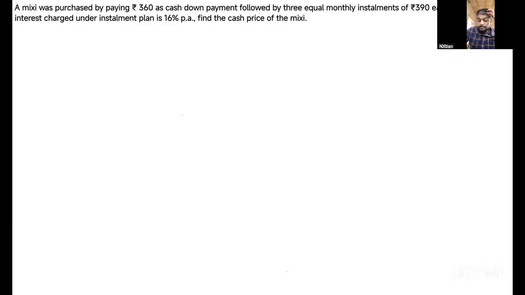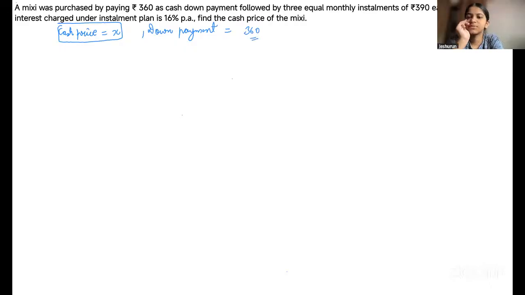Jashron, what is the first step? Down payment is rupees 360. Yeah. So first, cash price is X. Yes. And then down payment, pay 360. Then installment is 390 rupees.